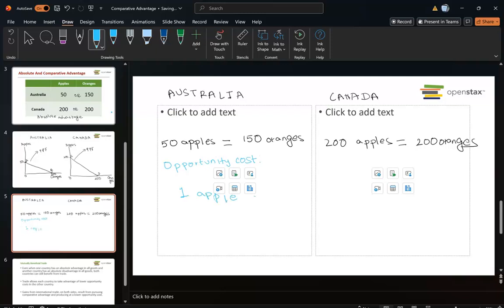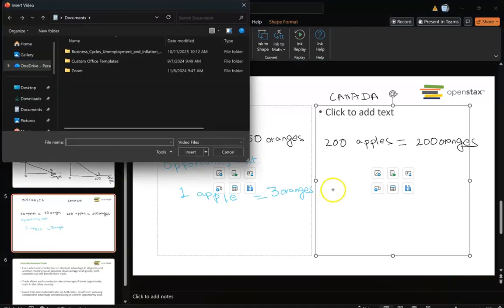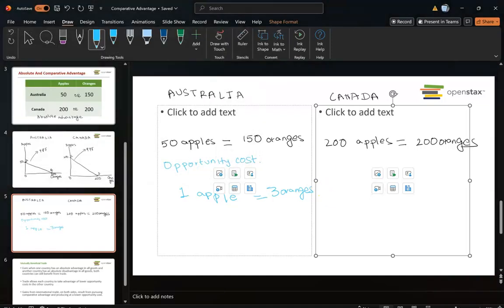The opportunity cost of one apple for Australia is 150 over 50. That's 3 oranges. And for Canada, the opportunity cost of one apple is equal to 1 orange.